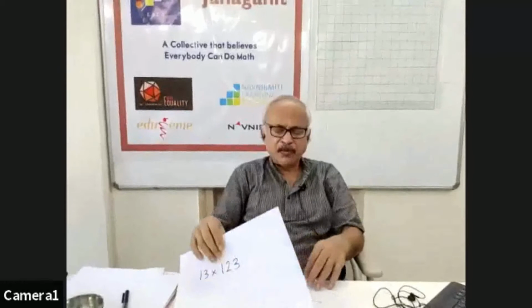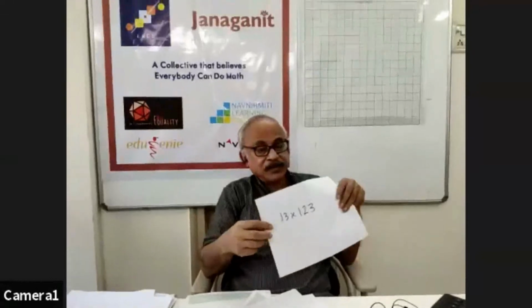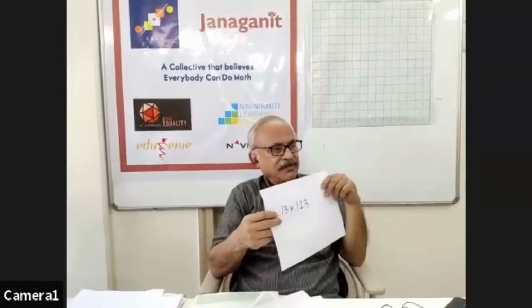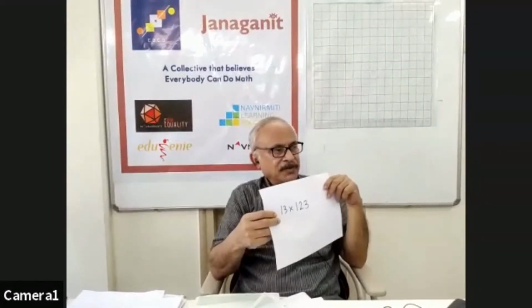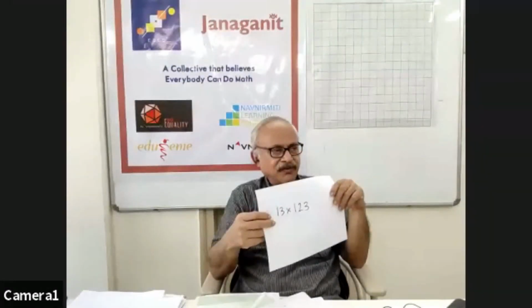So I'm not doing that. I'm going to draw a diagram which shows this. So I'll divide 13 into how many parts? 10 and 3, right? I will divide 123 into how many parts, Nandita? 3 parts. 100 plus 20 plus 3, right?